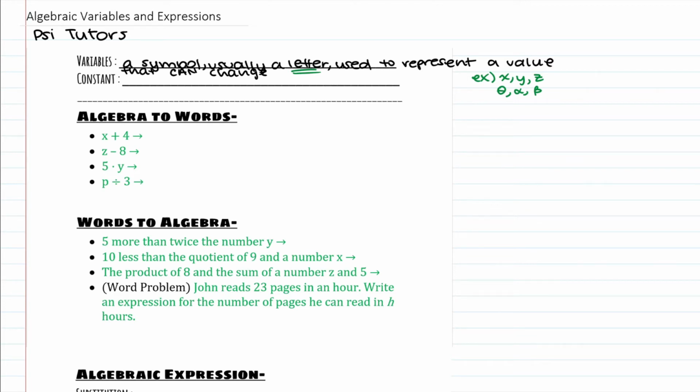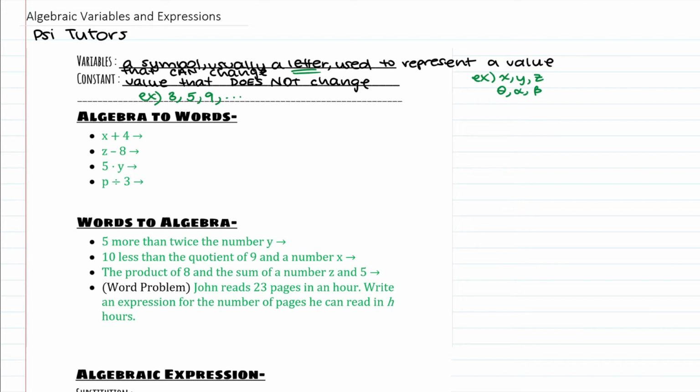Now let's define constant. A constant is a value that does not change. So basically a constant is just a number on its own. So for example, it is just a normal number. 3, 5, 9, so on and so forth. Okay, so it's just a number that's standing on its own, by itself.